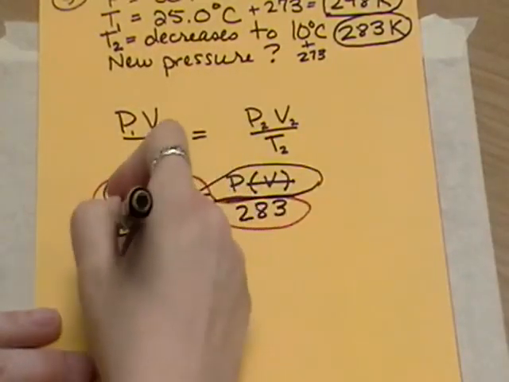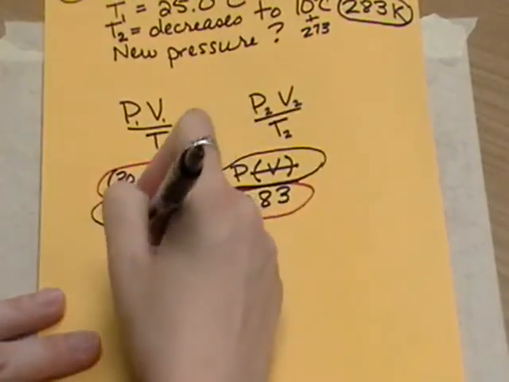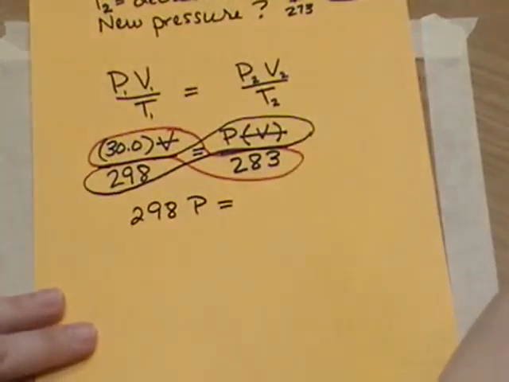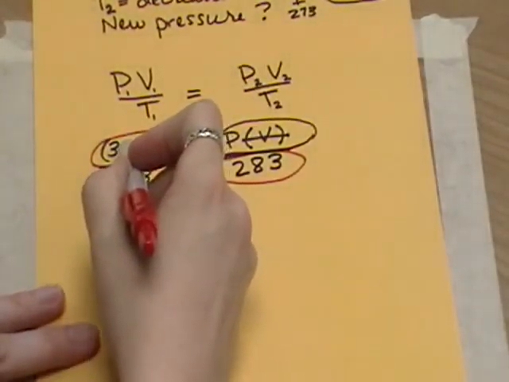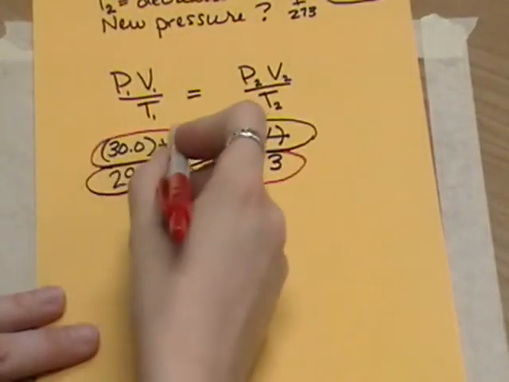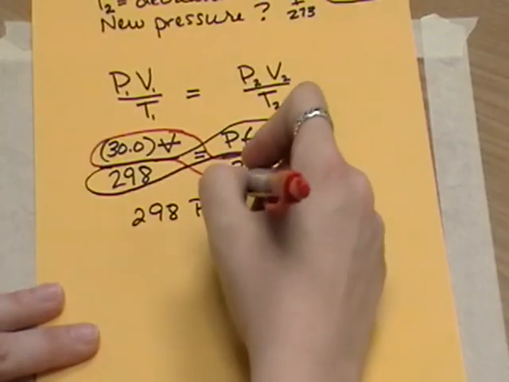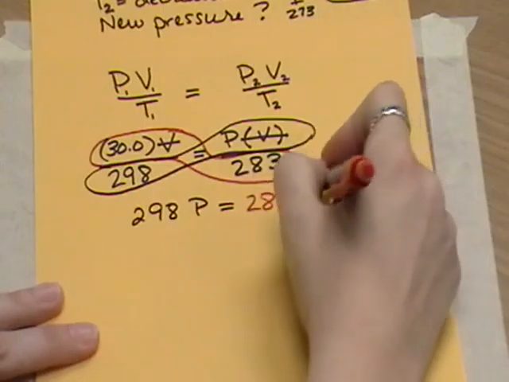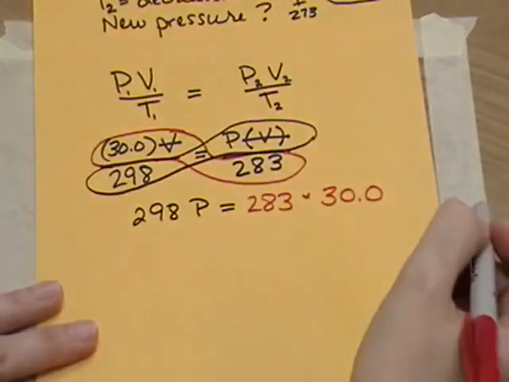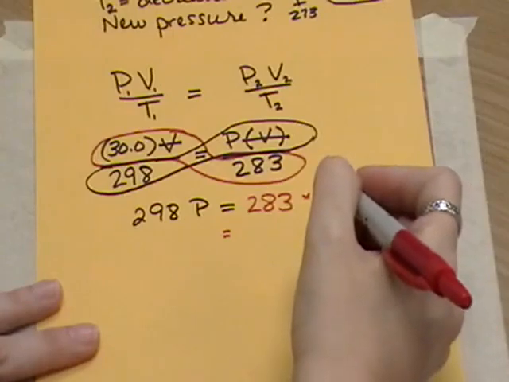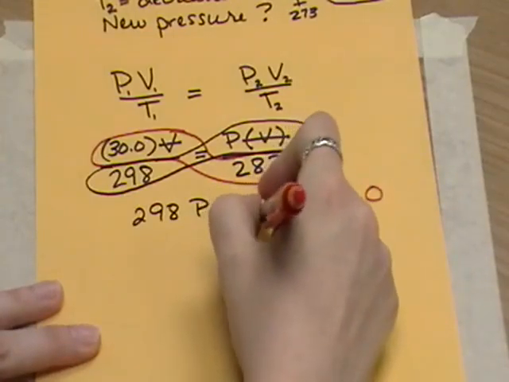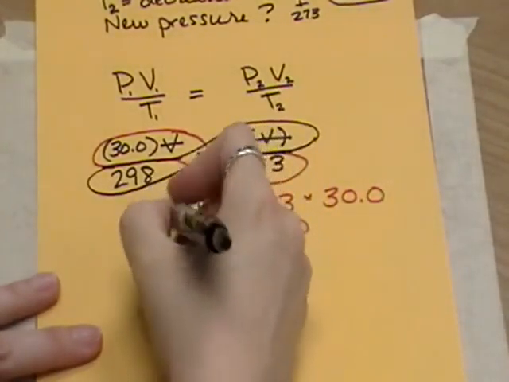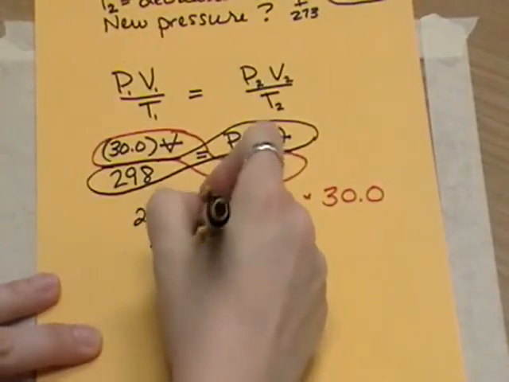So here I have 298 times P, so 298 P equals, and here I have 283 times 30, and that's the volume I crossed out. So 283 times 30.0. When I do this side, I get 8640.